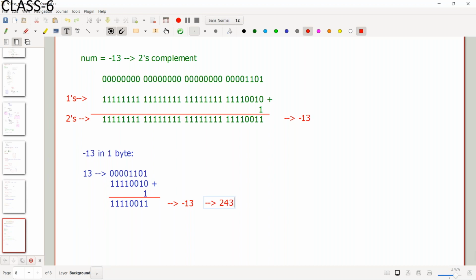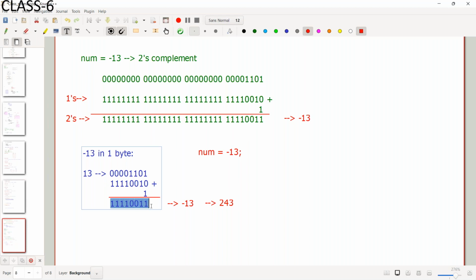243. So when I store num equal to negative 13, what the compiler does, if it is a negative number to be stored inside the memory, is take the 2's complement, and that is what gets stored. So this actual negative 13 is stored as 243 inside the memory.